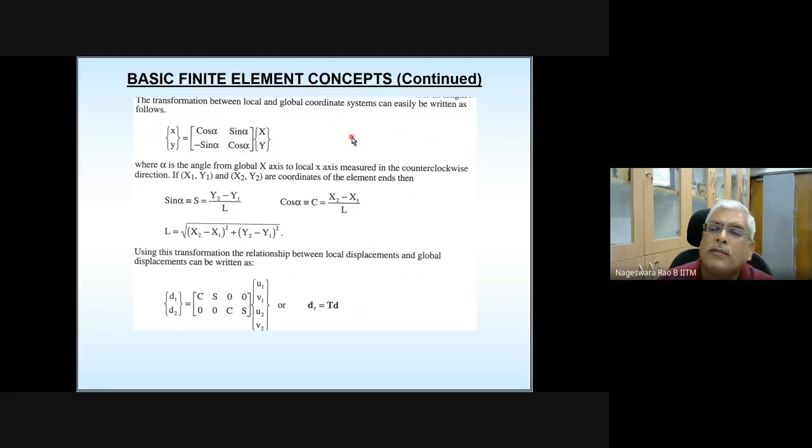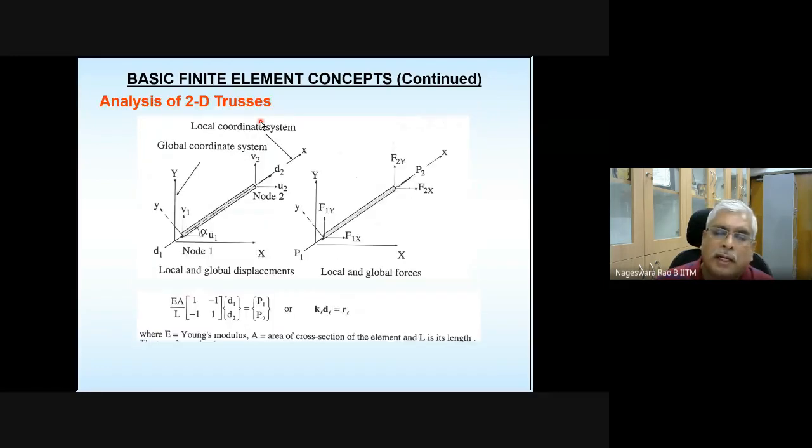Once you have all that information, how do I get this cosine of alpha, sine of alpha? It all comes from the geometry of the problem. It all comes from how this truss element is placed, what its first node coordinate is, and what its second node coordinate is, with respect to the global coordinate system.